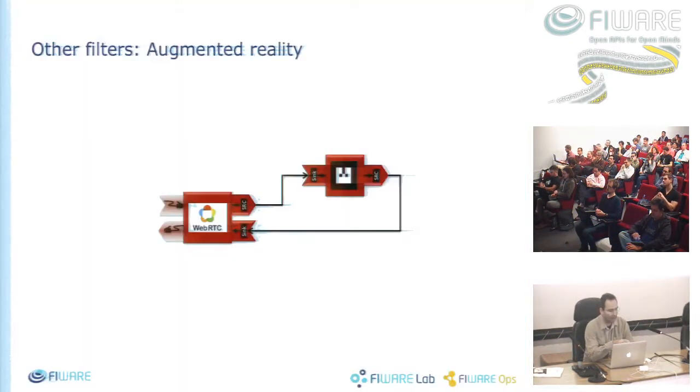It is basically catching the stream, and it is applying the marker augmented reality filter. And right now, after the demo, you understand what is the marker augmented reality filter. It's an augmented reality filter based on a marker, on a specific shape that I need to put somewhere, okay?